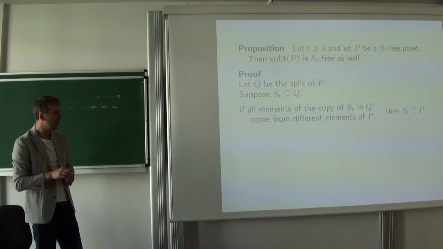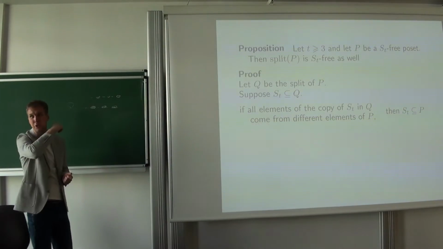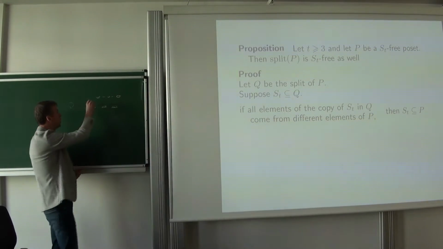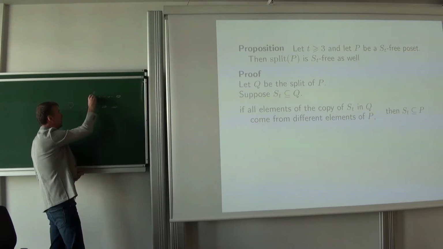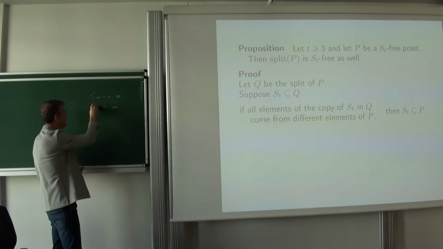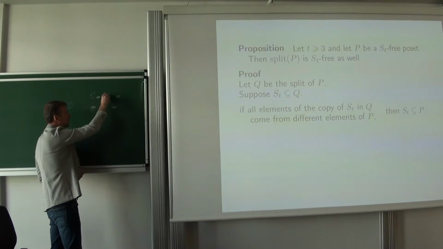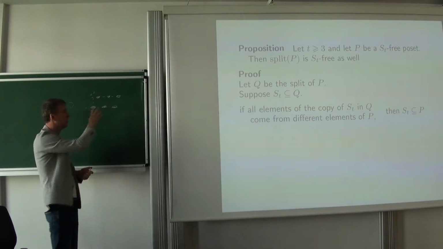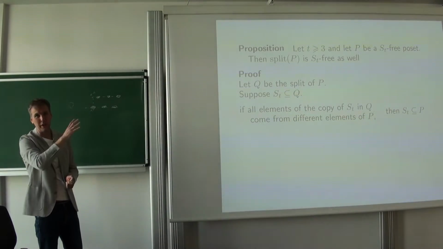Now, elements of the split come from the elements of the original poset. Actually, here you could have x prime and there was x double prime, and in the original poset you had x. Now, if all the elements, so perhaps I have S_3 here induced on these 6 elements, if all the elements here come from different elements in the poset, we are done.